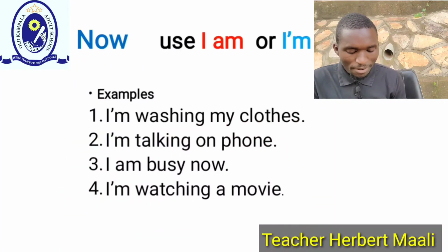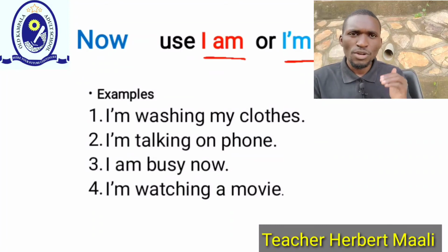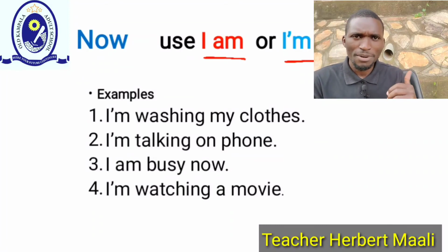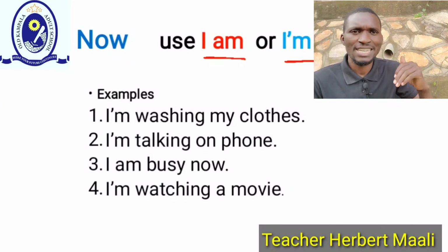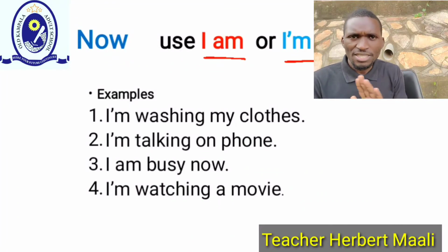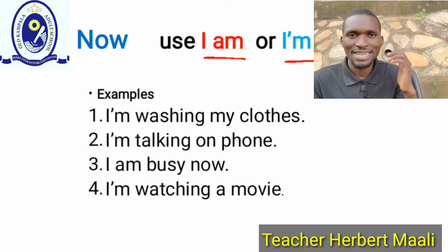Now, what about "I am" or "am"? We only use these when you are talking about actions that are happening now, just now. This is the only time we use "I am" or "am": for actions that are just happening now.